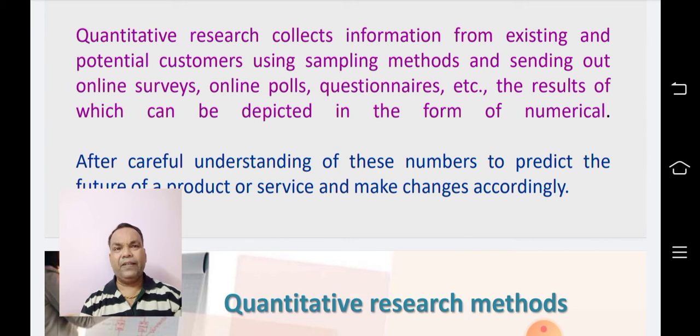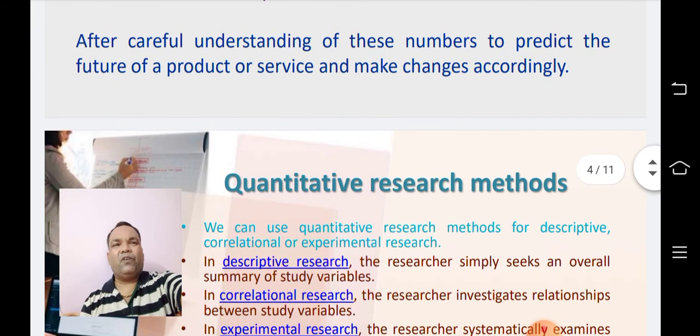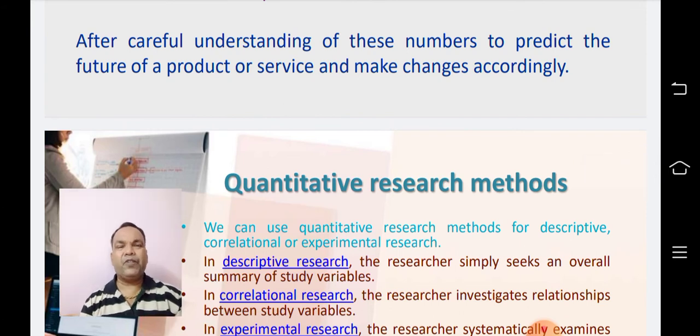So, this is the main thing, that sampling methods are adopted, studies on samples are made, results are drawn on the selected samples, and then those results are applied to the whole population. And the most important thing about the quantitative research is that the data that are collected are numerical. After careful understanding of these numbers, one can predict the future of product or service and make changes accordingly.